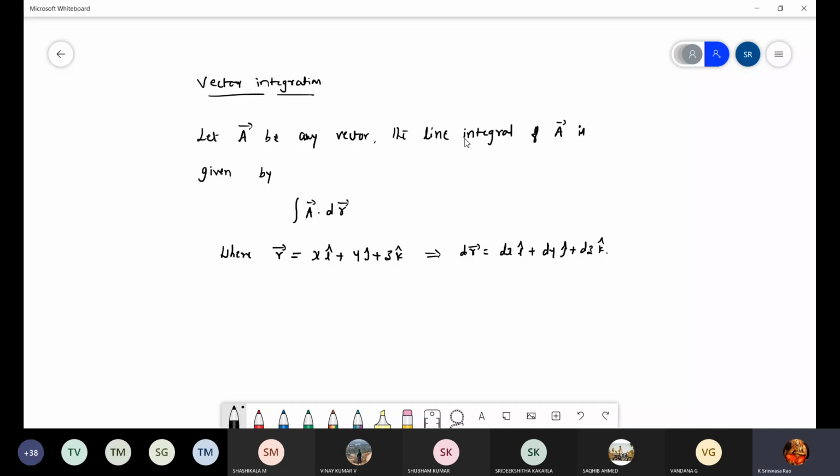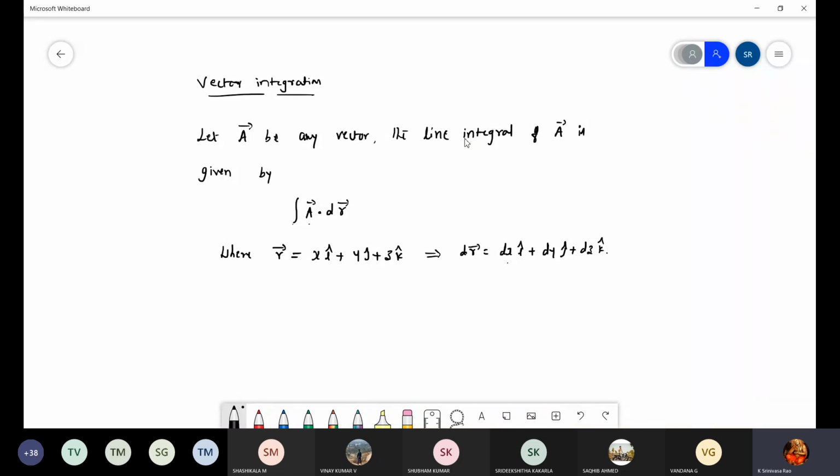A is given in the problem, dr you have to calculate like this, and in between a dot product. A is given in terms of x, y, z only, and dr is also in terms of x, y, z. But finally you have to integrate, and it should be a single integration, in which only one variable is allowed.